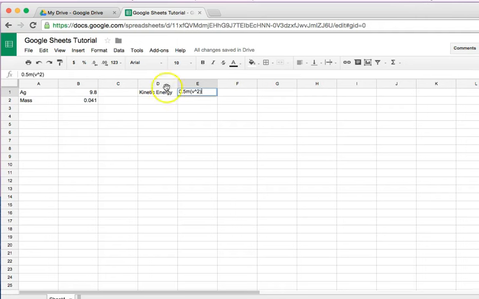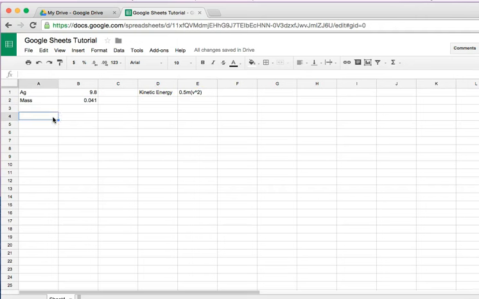You can put them in parentheses like this, and I just put a little caret for v squared. One thing about Google Sheets is you can see what you put in this little box up here on the line, so you don't have to cram to see everything. Okay, so this is just a reminder that kinetic energy is equal to 1/2 mass velocity squared.